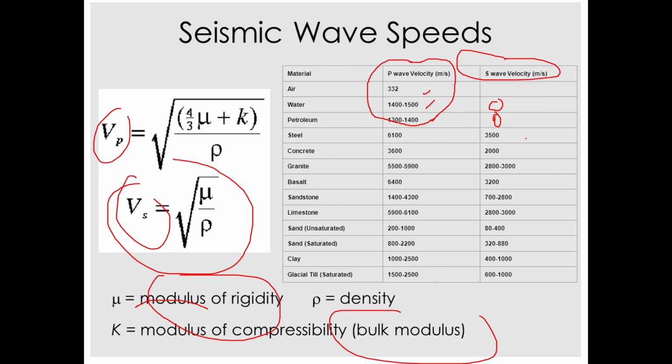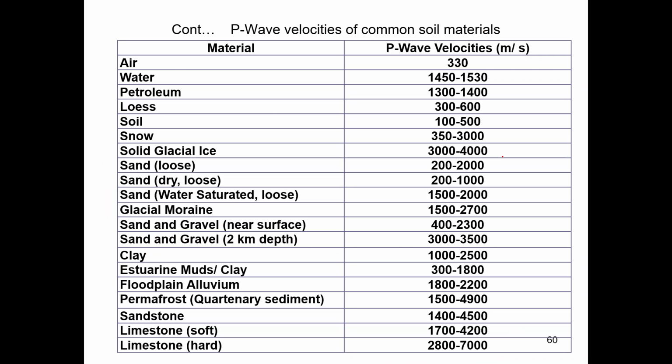That's why we recommend using the S wave technique, because you are able to differentiate the influence of the groundwater table on that area. Okay, this is the P wave and S wave.